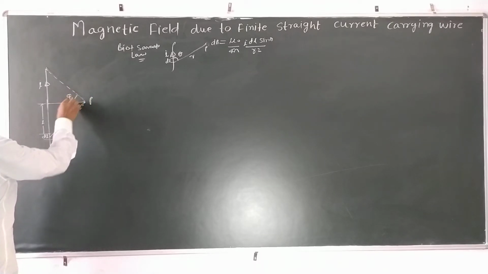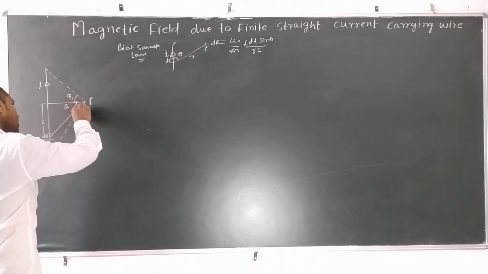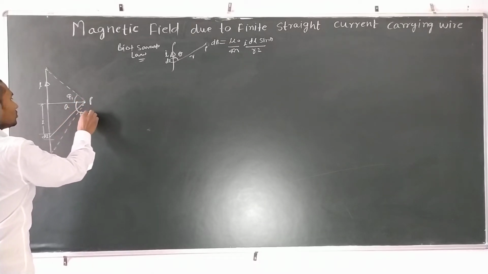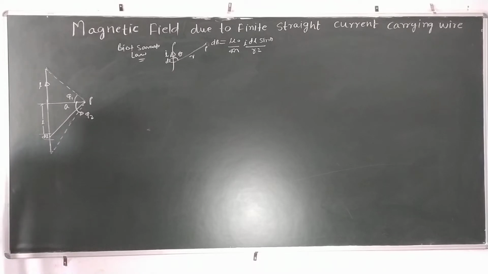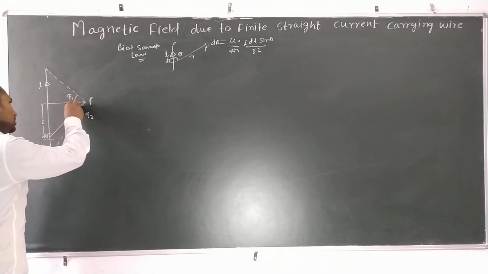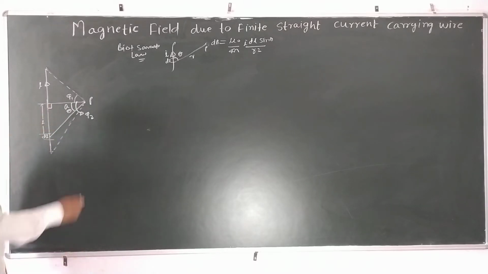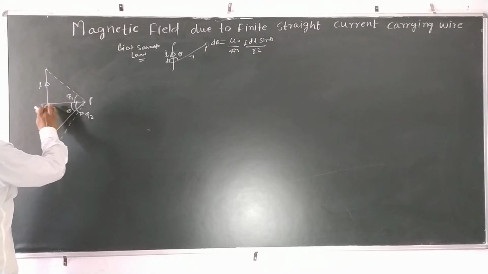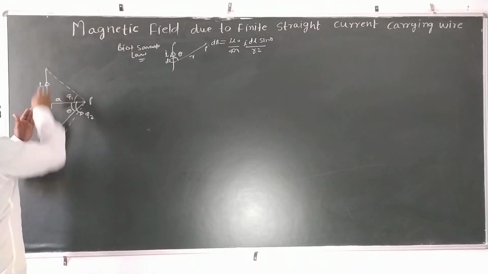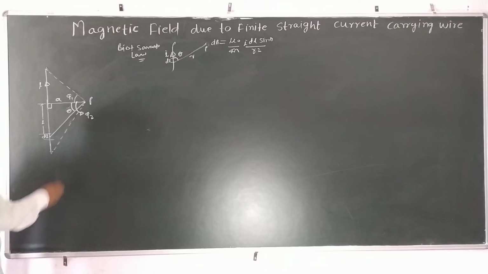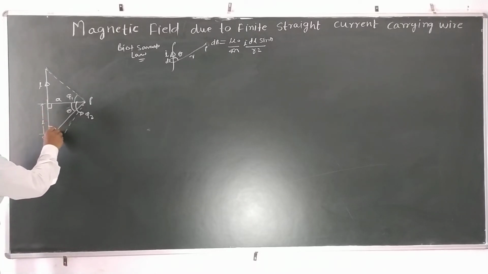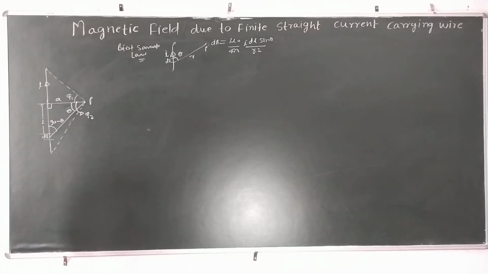We consider this angle phi 1, and this angle phi 2, and again we consider this angle as theta. Then we know that the distance A is perpendicular to the wire, so this is 90 degrees, and with theta, this angle becomes 90 minus theta.